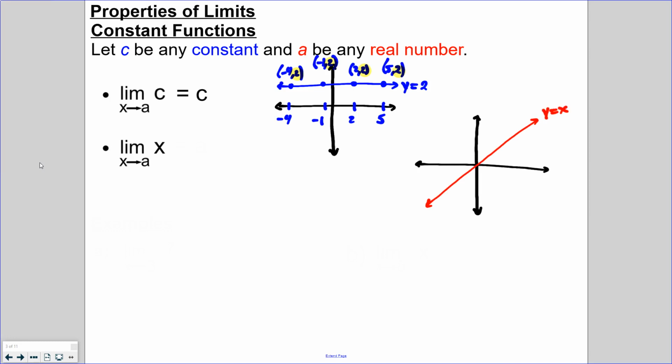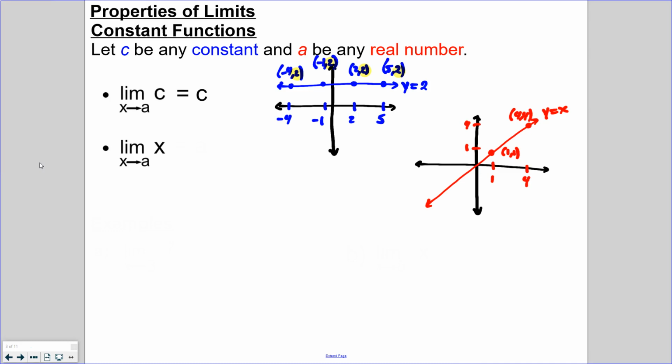And here's the great thing about y equals x, is that if I pick an input of 1, the input of 1 is going to match the output of 1. It's going to be (1, 1). And (4, 4). So for y equals x, the input is always going to match the output.